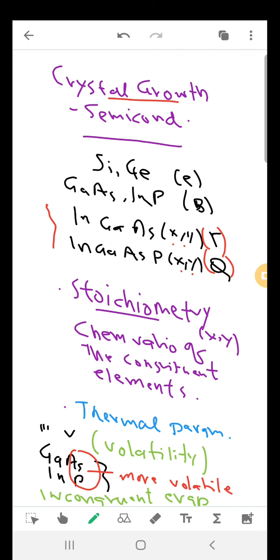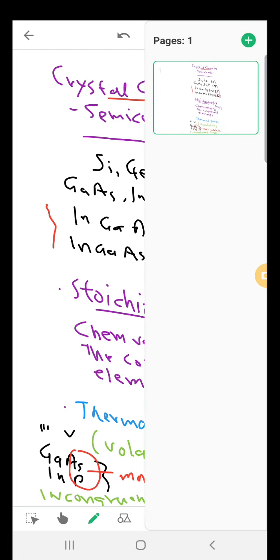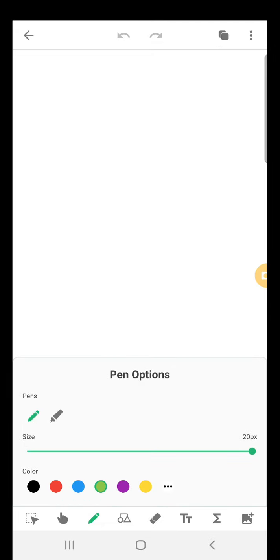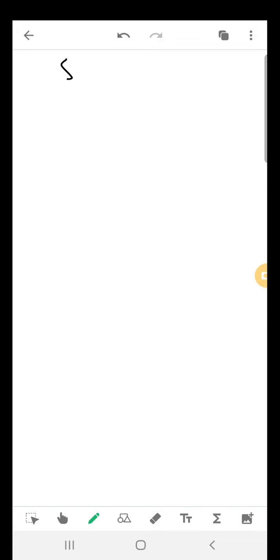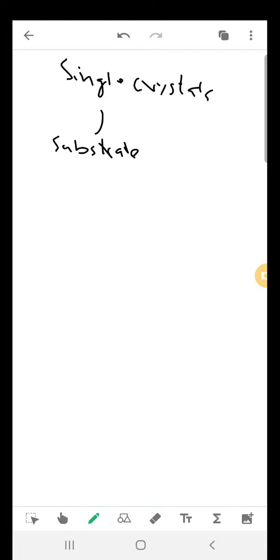Now, semiconductor materials, as in the case of silicon and germanium, are usually divided into two categories of single crystals: substrate crystal or bulk crystal.